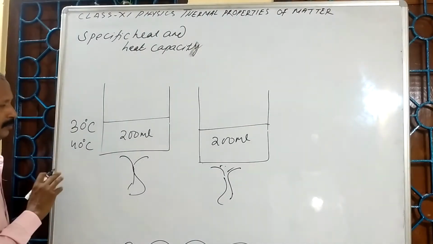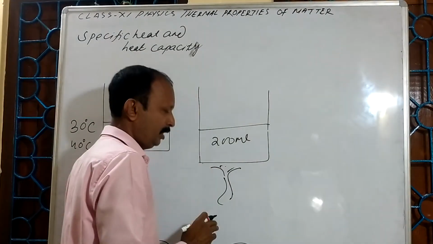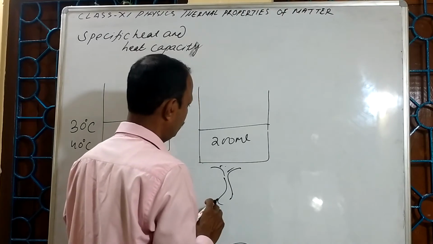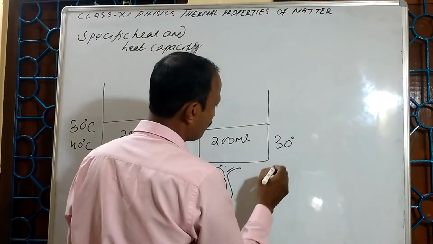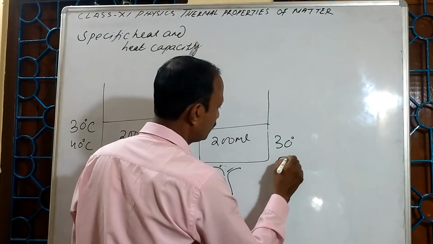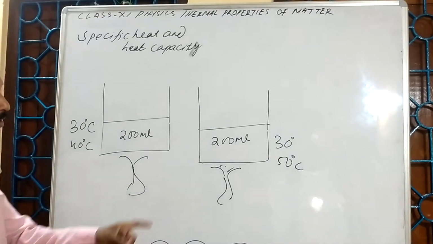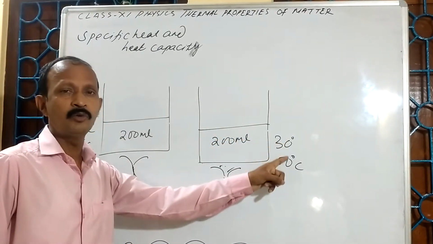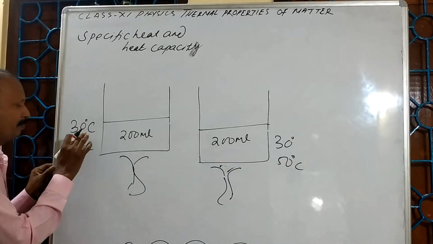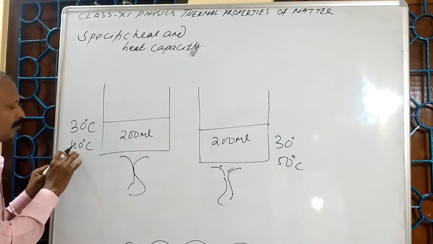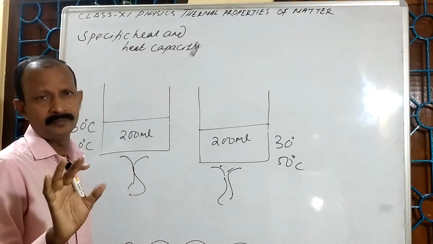At the same time, suppose you supply the heat until it reaches the temperature from 30 to 50 degrees Celsius. That means definitely here the time interval will be more. Suppose 10 minutes the temperature raised up to 40 degree. So definitely it will take more time.